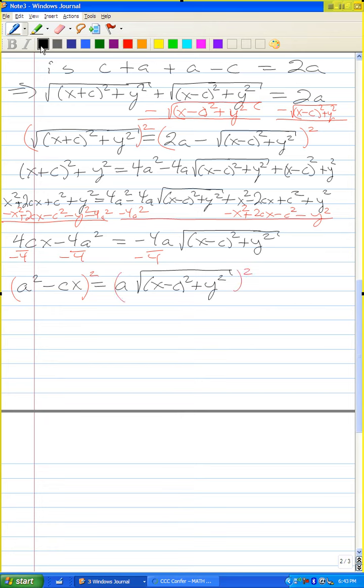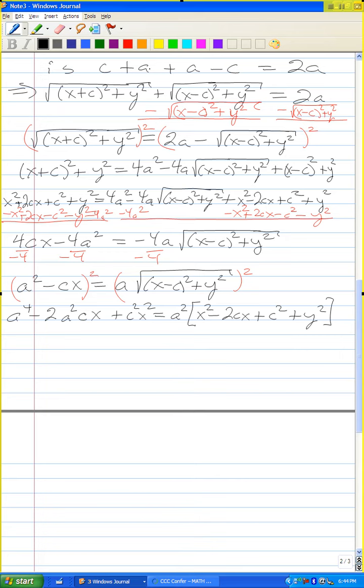And so I get a to the 4 minus 2a squared cx plus c squared x squared is equal to a squared times, actually, let me multiply out what's inside: x squared minus 2cx plus c squared plus y squared.